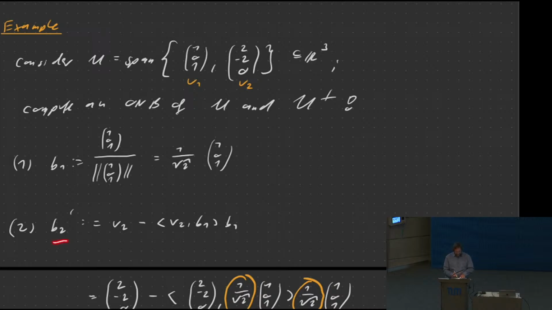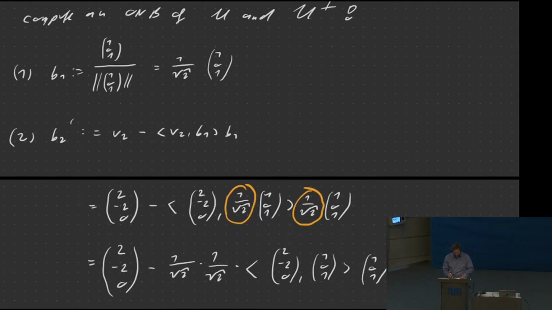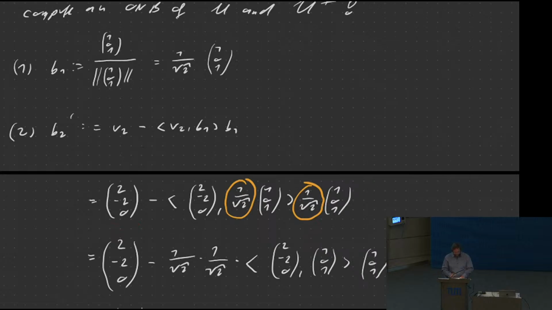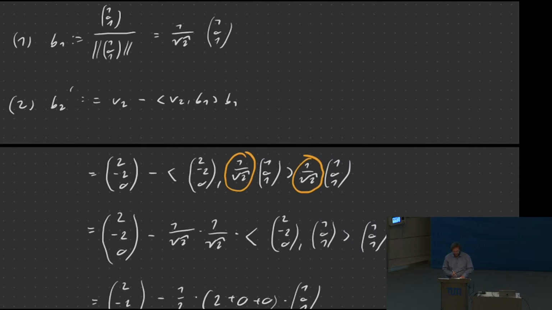Next, we compute B2 prime. That's the not normalized version of B2 by taking this V2 here and subtracting the projection of V2 onto the B1 space. Right? And we get that. Remember, we need to use the normalized version here and here. Here's our V2. Here's our V2. And then we just go through the computations, right?